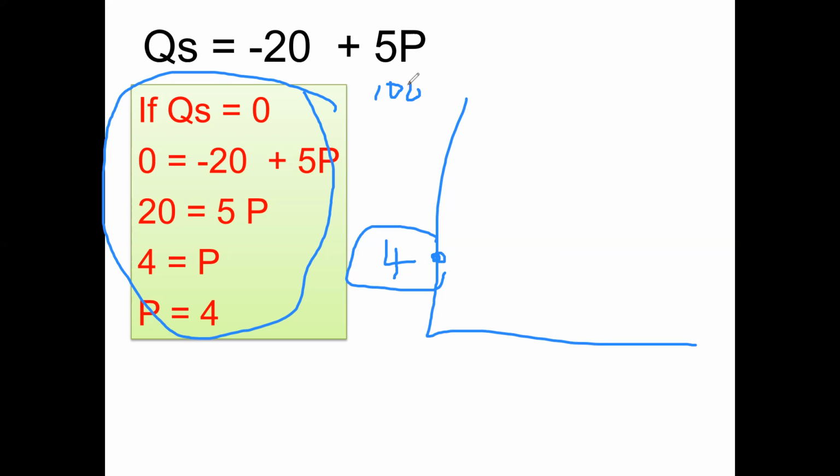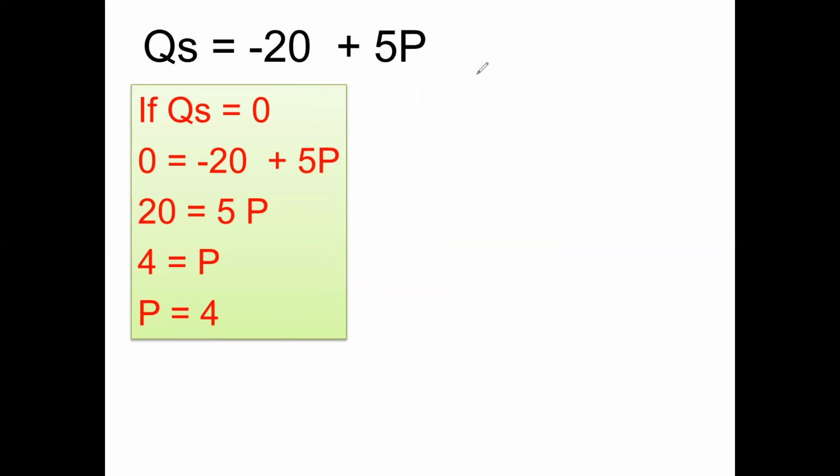Take a price close to 4. Let me tell you a simple method. When you get 4, take the next price as 8. Double the price you have. That's not a law, just a simple method. If you get the price 5, take the next price as 10.